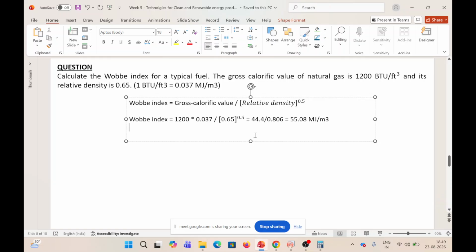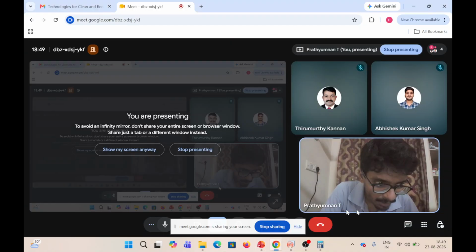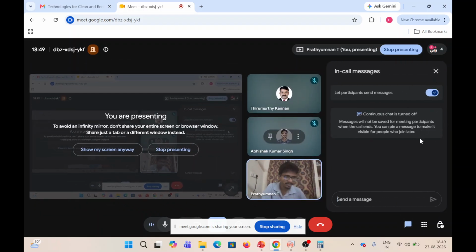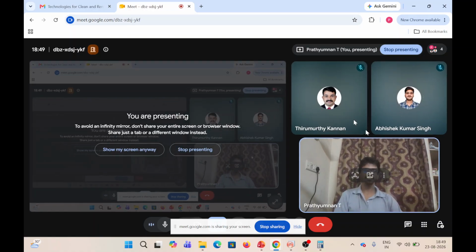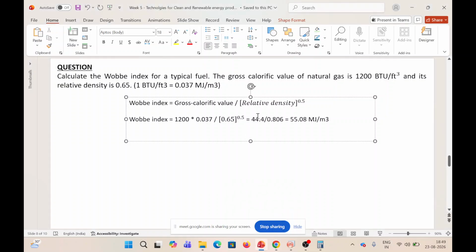Any other answers? Because I did see a different answer, somebody had given a different answer, but since the call got disconnected, that particular answer I cannot see. So if you have obtained any different answers, then please let me know.